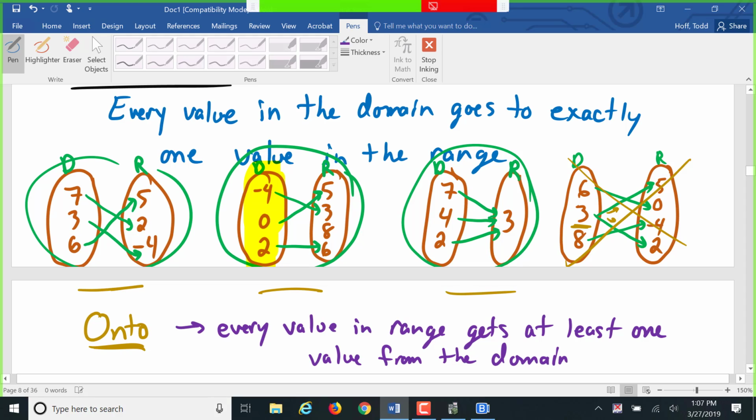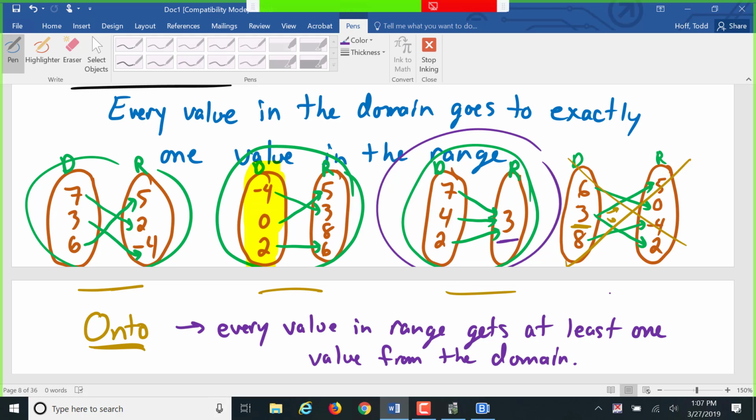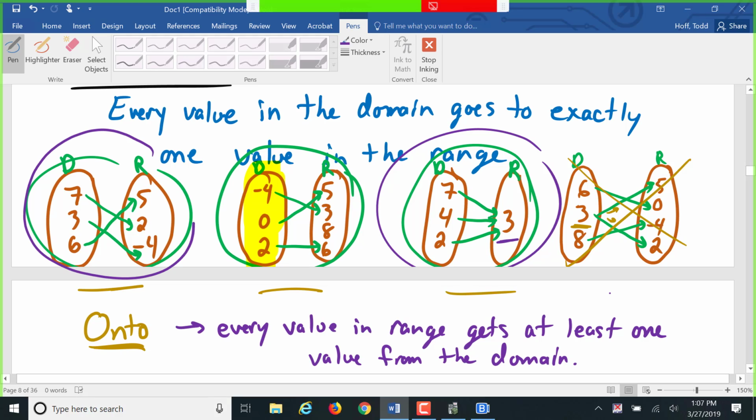I used very sloppy wording there, but what that means is every value in the range has at least one value in the domain that gets mapped to it, that becomes it through that relation. This is onto. The 3 here has at least one value. There's 3 different values that become 3, but there's at least one that gets mapped to the 3. This is also onto, because every value in that range has one value from the domain that comes to it.